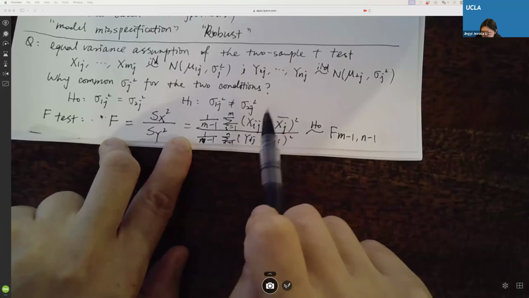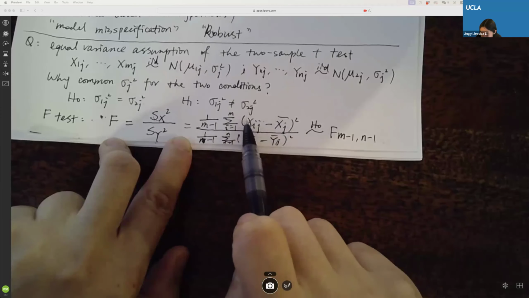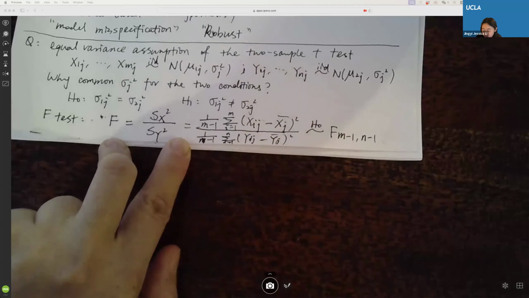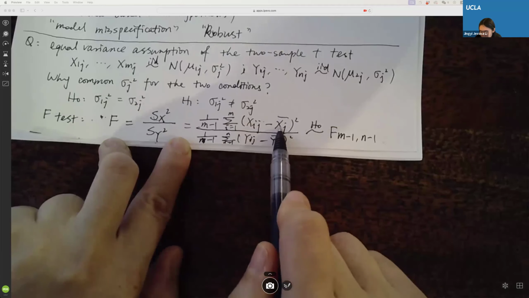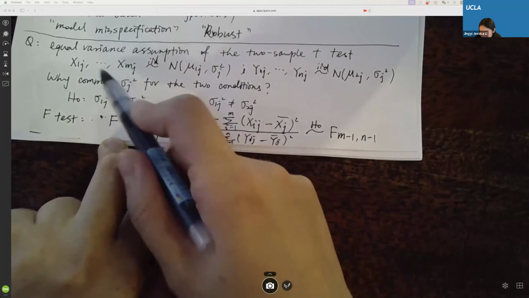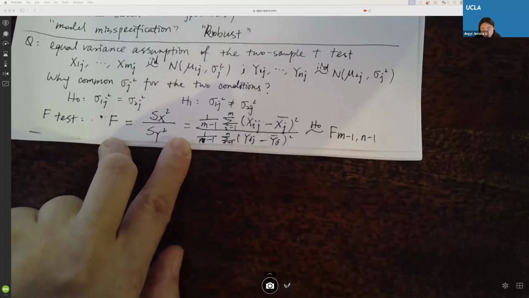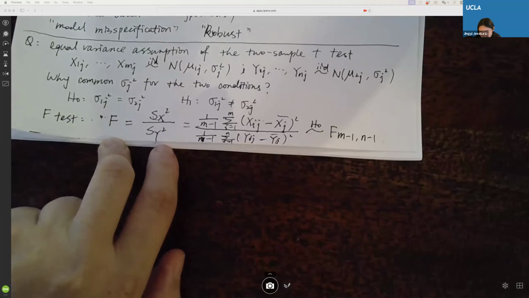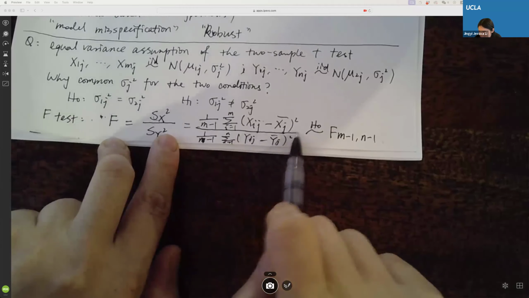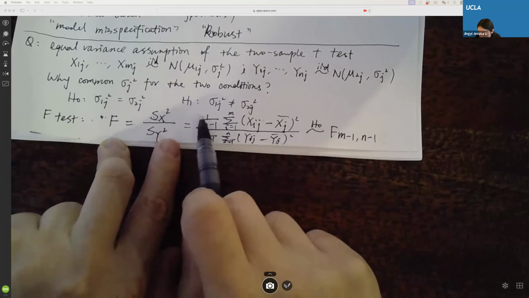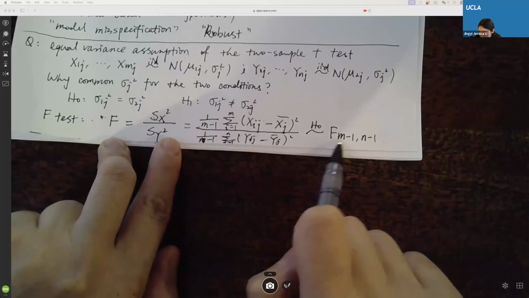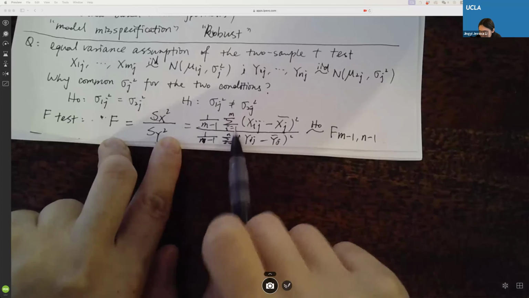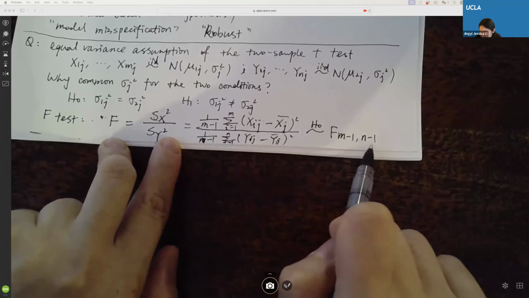And doing so, we no longer have n values that can vary freely because the center is basically fixed. I can shift the center to 0 for everyone, and this difference will remain the same. So that's where the 1 degree of freedom is lost. We fixed the center, and similarly for the denominator. So for each sample, as we calculate the sample variance, the degrees of freedom has been reduced by 1 for each. So we get n minus 1, n minus 1.